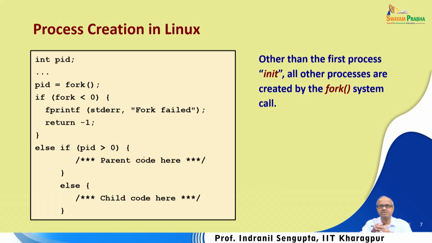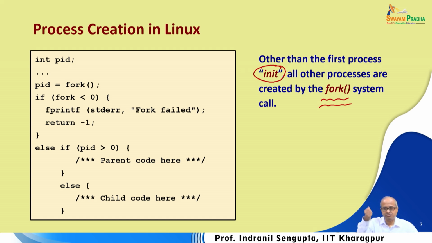Now, regarding the process part, this we have already discussed earlier, that in Linux or Unix, when you create a new process, the command or the function that you use is the fork. You invoke a fork system call. When you are booting the Linux system, initially there is a single process which gets created automatically, that is called the init process, and init calls fork to generate other processes.